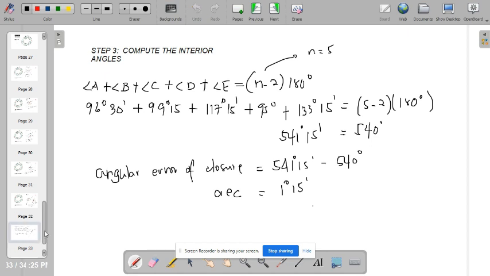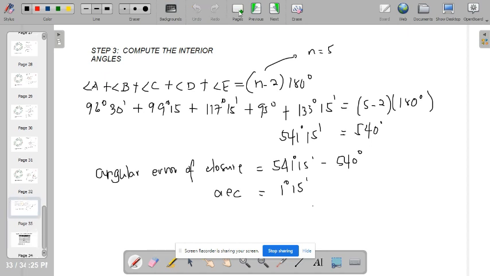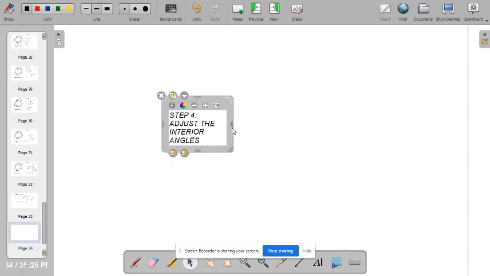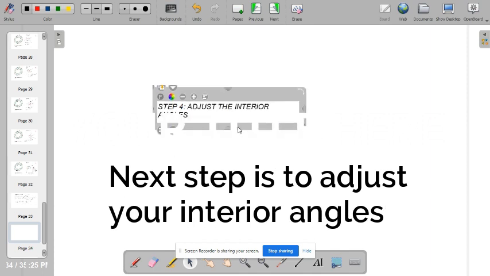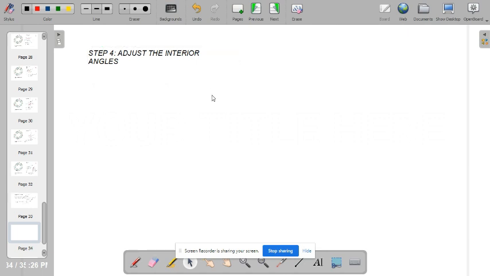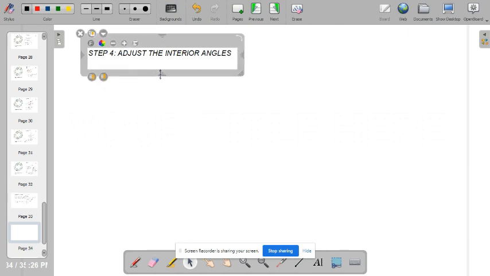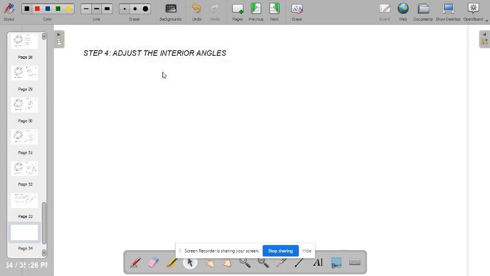Now, in step 4, you need to adjust your interior angles. Okay. How are we going to adjust the interior angles? Okay, first, you have to distribute the error, no? So you need to distribute the error. So how much per angle or per corner should you allot, or should you add, or should you subtract?